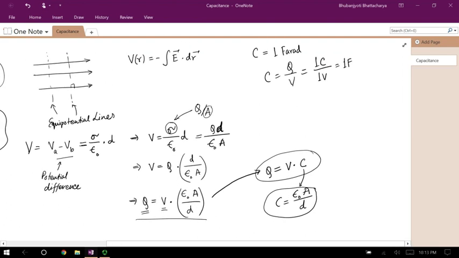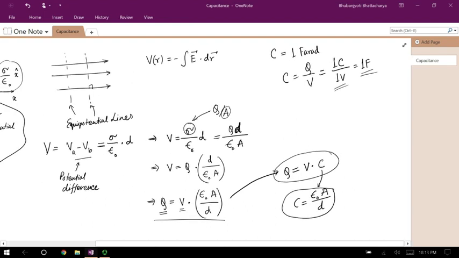So 1 coulomb is the amount of charge that you need to deposit on a capacitor with capacitance 1 farad to change the potential difference across its ends by 1 volt. All right, that's the idea.